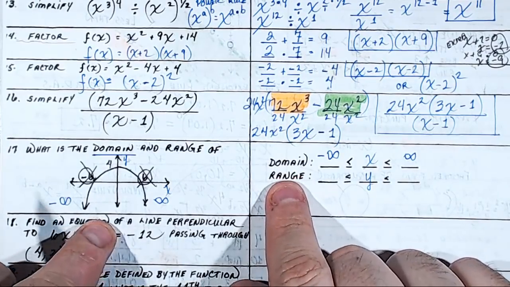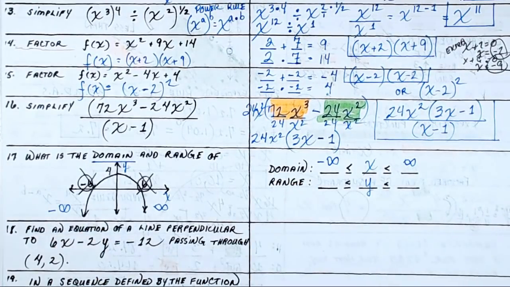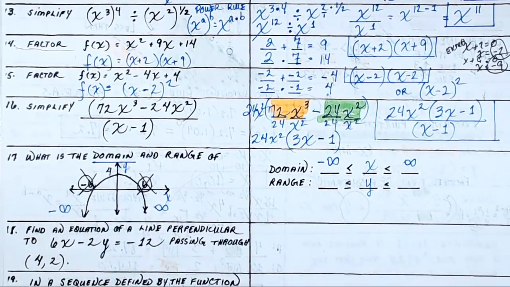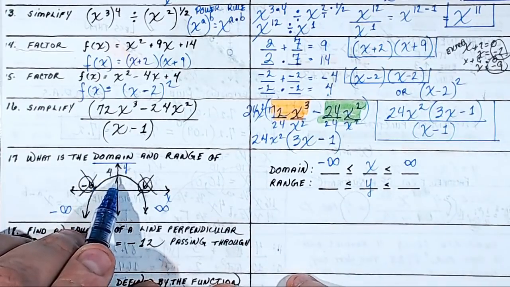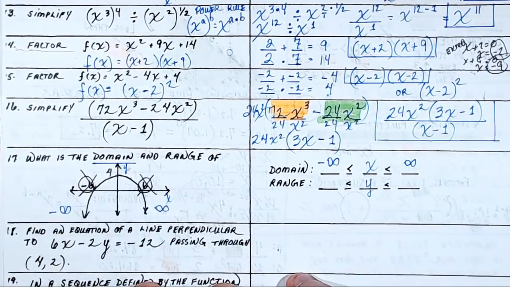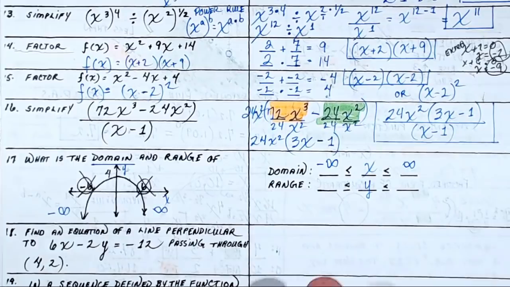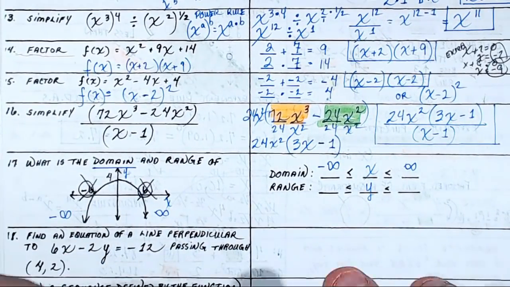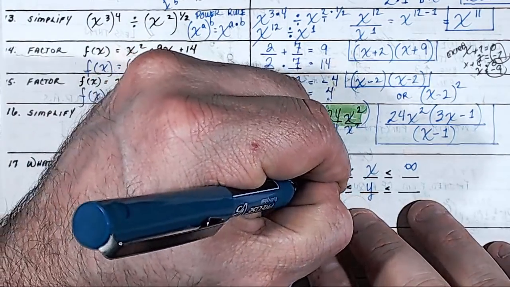Now, how about the range? The range is going to be infinite in one direction, but then it will have a maximum or a minimum value. Because this is a negative sloping quadratic function, the vertex is up on top. So we have a maximum point, and that's at y equals 4. So it goes down, down, down, way down into negative infinity.